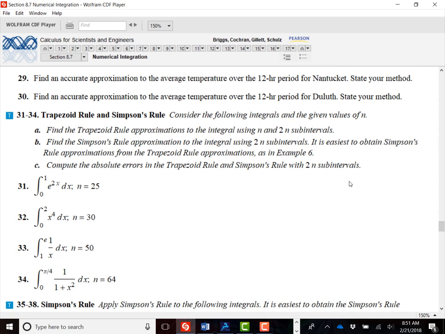Okay. So let's do number 34. Number 34. We want to integrate from 0 to pi over 4. Hey, by the way, is 34 one that you guys know how to do?